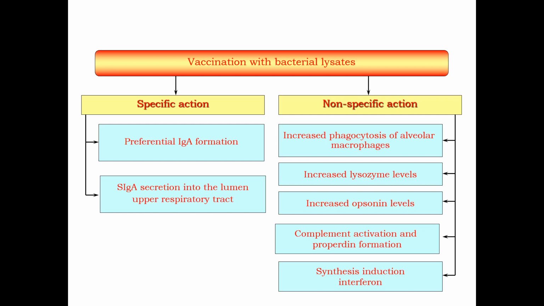The drug contains ribosomal antigens of Klebsiella, Pneumococcus, Streptococcus pyogenes, Haemophilus influenzae. Method of application: 3 tablets on an empty stomach, 4 days in a row every week, for 3 weeks. Then 3 tablets on an empty stomach 4 days in a row at the beginning of each month, for 5 months.